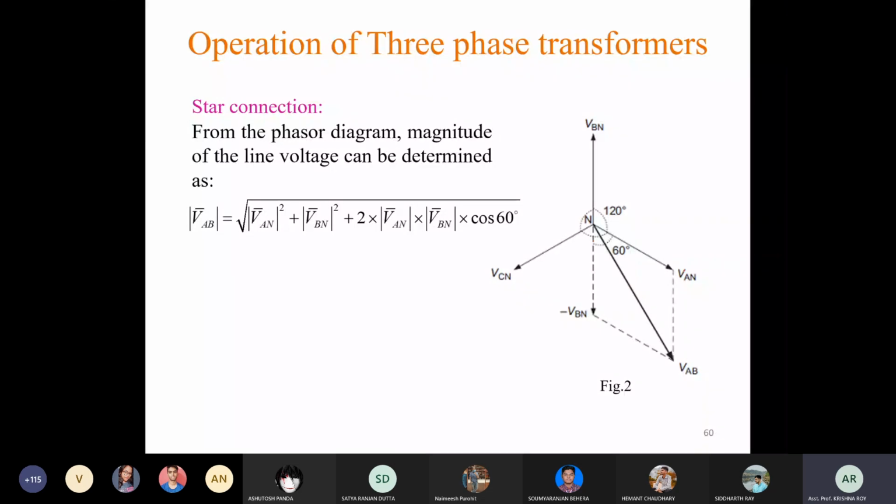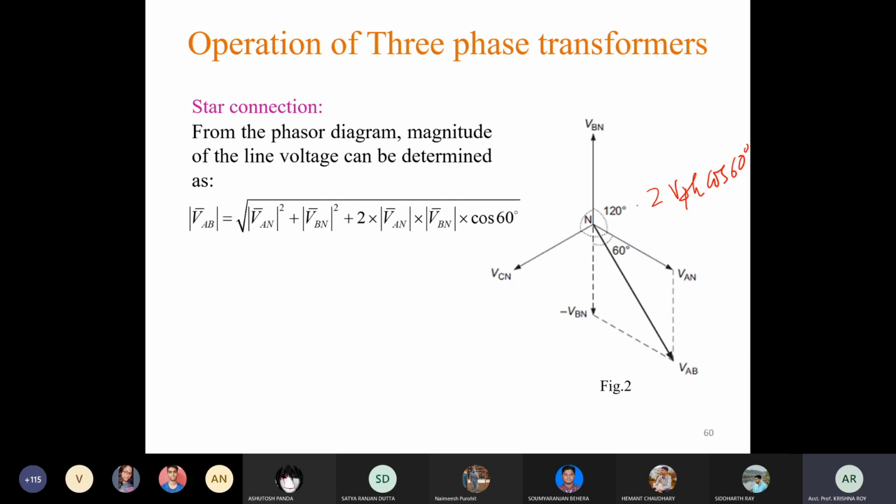Okay, so the magnitude of this VAN is V phase, and the component is V phase cos 60 degree, and this one is magnitude into cos 60 degree, that means 2 V phase cos 60 degree, which is root 3 by 2.